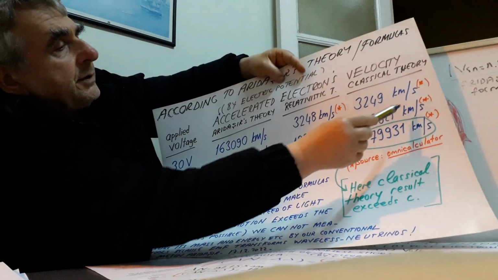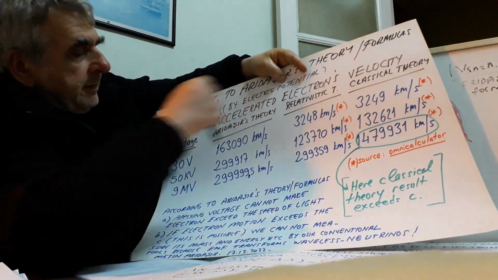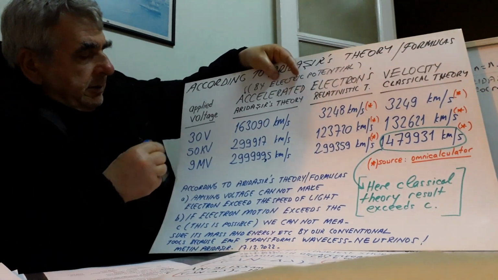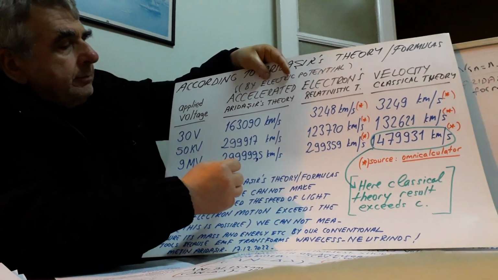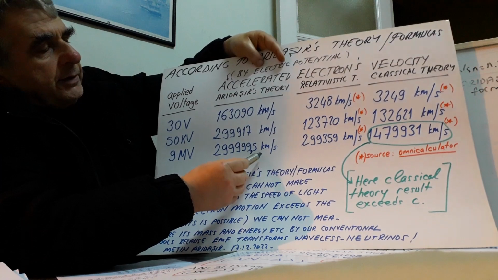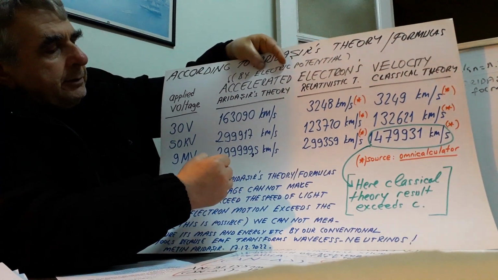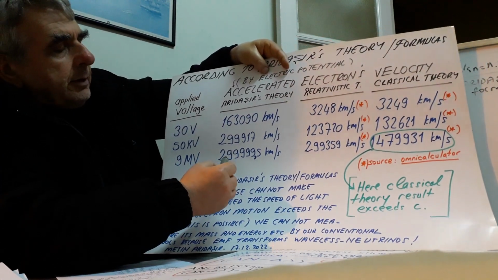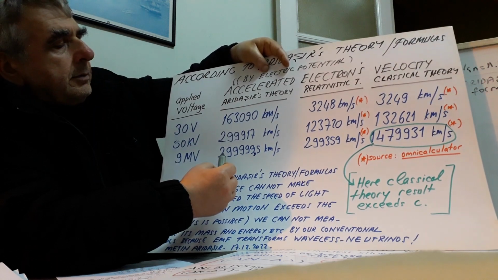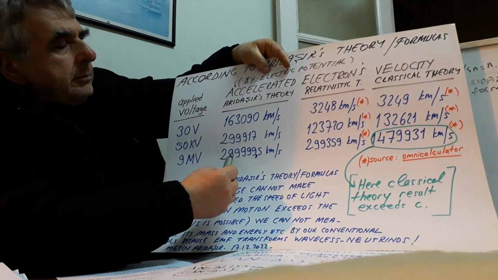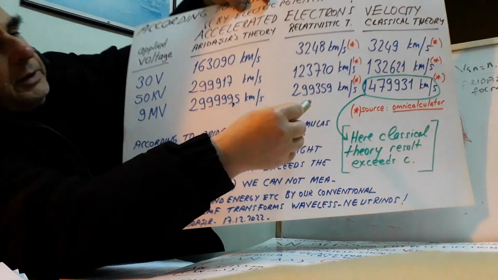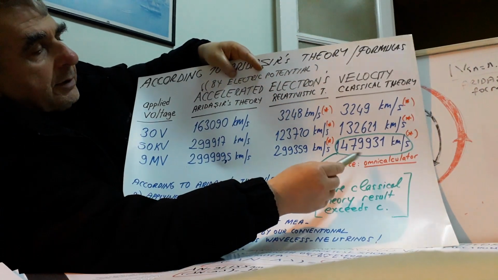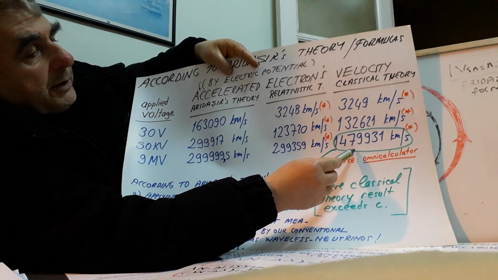Then this is the classical one. For 9 megavolts, this is my computation. This is the relativistic computation. This is the classical computation.